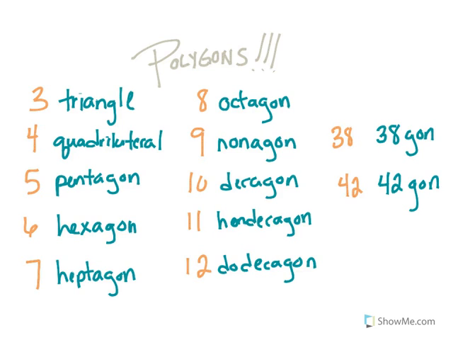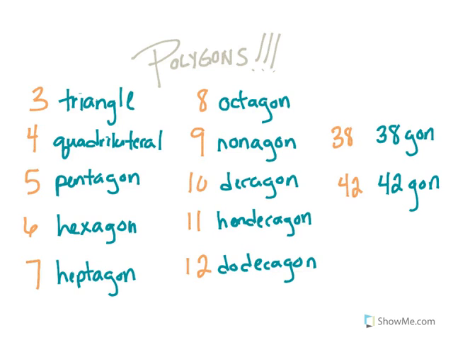Let's quickly go over the names of all of our polygons. Three-sided figures are called triangles. Four-sided polygons are quadrilaterals. Five-sided polygons are pentagons. 6 sides, hexagon. 7 sides is a heptagon. 8 sides is an octagon. 9 sides is a nonagon. 10 sides is a decagon, just like a decade. 10 years, 10 sides.